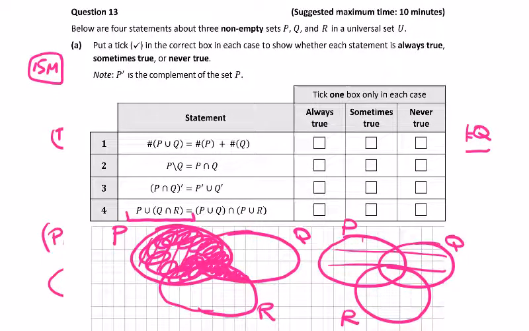Where does that cross over with P union R? Well, let me actually just do another line there and there. So change color. That's P union Q. So where does that intersect with P union R? This is P union R. So where do these 2 things intersect?